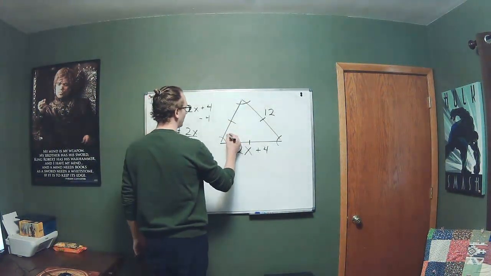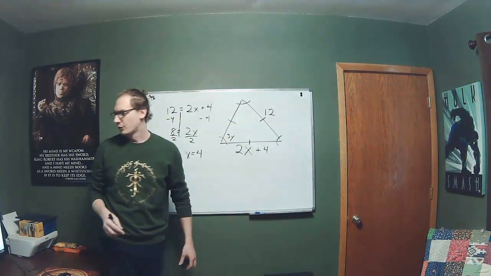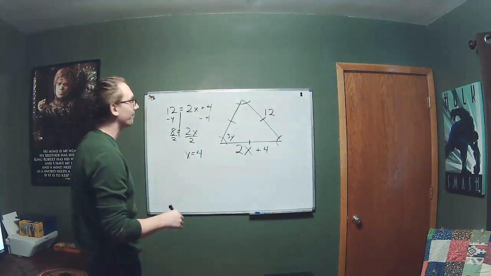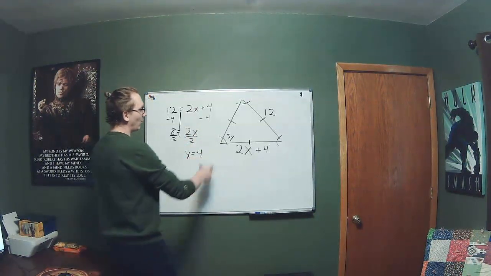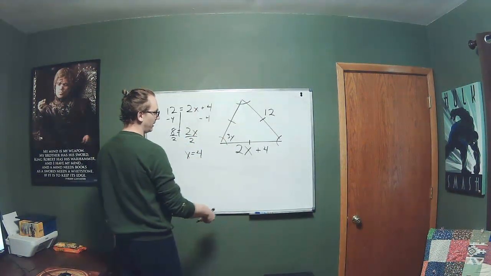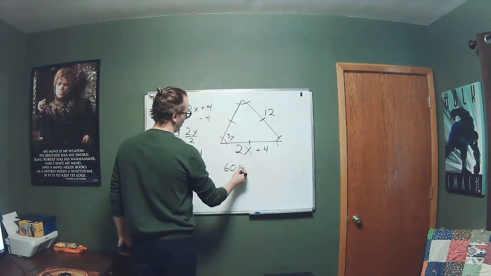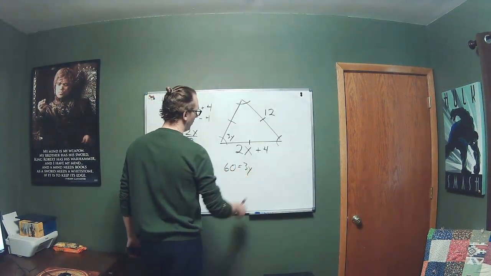So let's make this 3y, just for funsies. Okay? If we were to ask you what y is, well, I know this angle is 60 degrees. So 60 equals 3y.